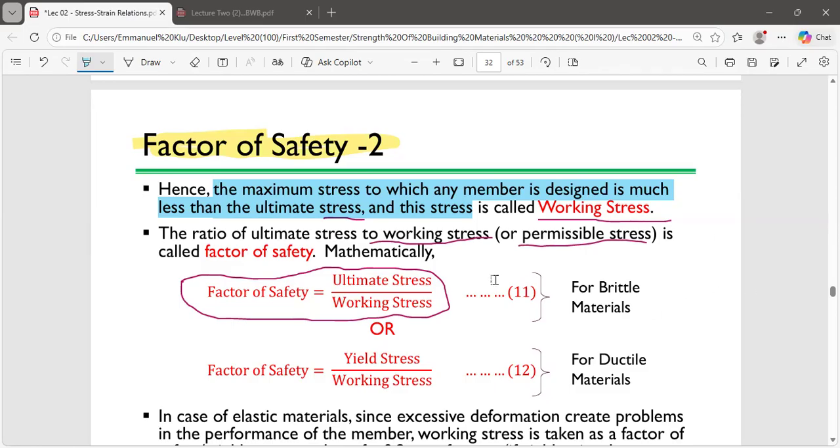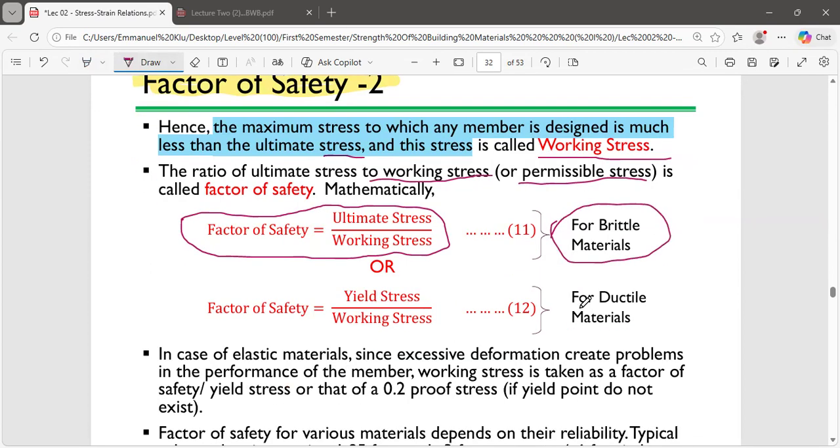And this one is for brittle materials. But for ductile materials, the formula we are going to use is yield stress over the working stress. So you should keep this formula also somewhere.